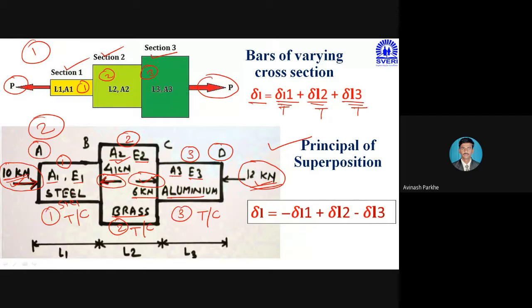According to these 2 directions, please tell me whether section number 1 is under tension or compression. Compression. This is under compression. Therefore, in the total deformation formula, since it is under compression, I have taken the minus delta L1.